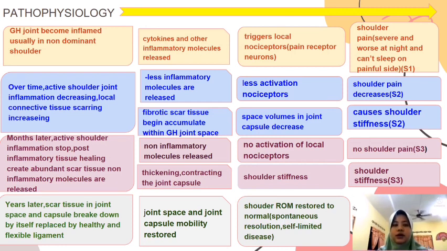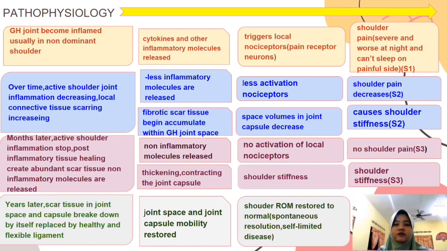Months later, active shoulder joint inflammation stops, but post-inflammatory tissue healing creates abundant scar tissue. Non-inflammatory molecules are released, there is no activation of local nociceptors, and no shoulder pain.